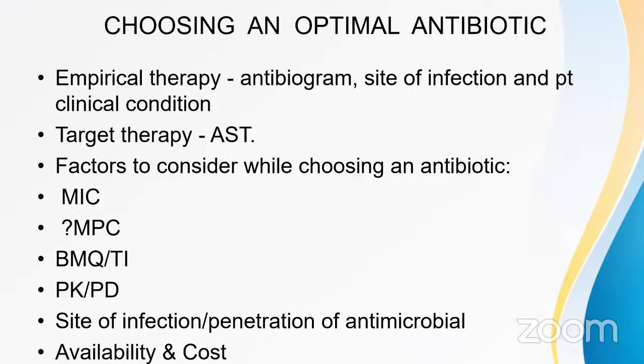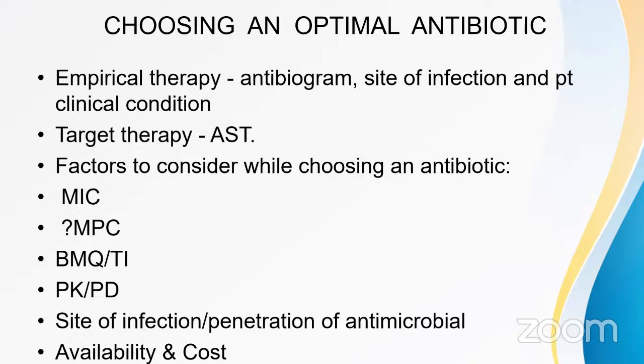So how do we choose the optimal antibiotic? For empirical therapy, we use antibiograms. If you have one in your institute, go with that and look at the susceptibility: if it's more than 80% for sick patients, or more than 60% for a stable patient, use that as empirical therapy. Also take into consideration the site of infection and patient condition. For targeted therapy, we take antimicrobial susceptibility testing reports and go with that.